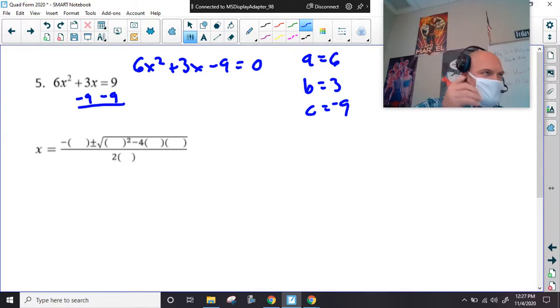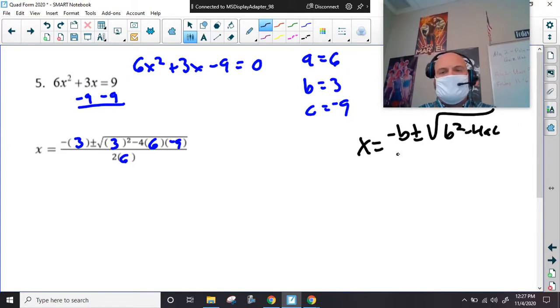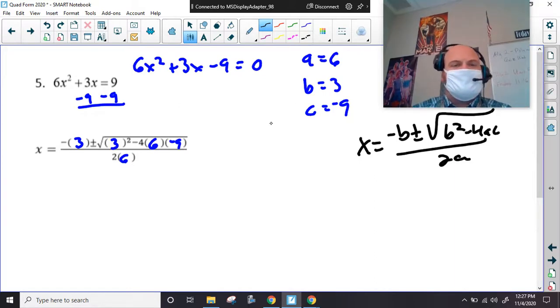You just take these numbers and you plug them into this formula and you chug out the math. 6, negative 9, and then we got the 6 right here. The formula that's at the top of your page is right there. Normally, I would rewrite it: x equals negative b plus or minus square root b squared minus 4ac all over 2a. But I didn't copy and paste that down because it was already right there on your paper.